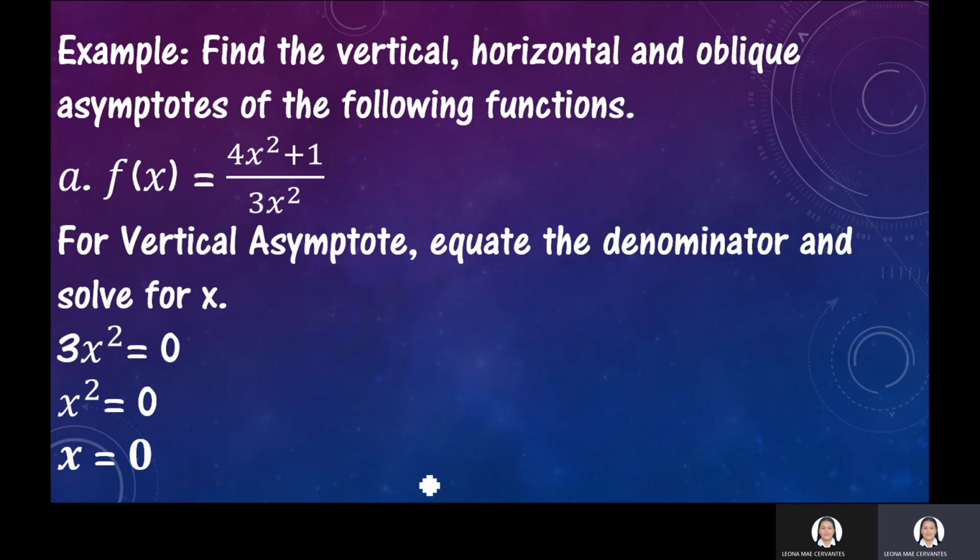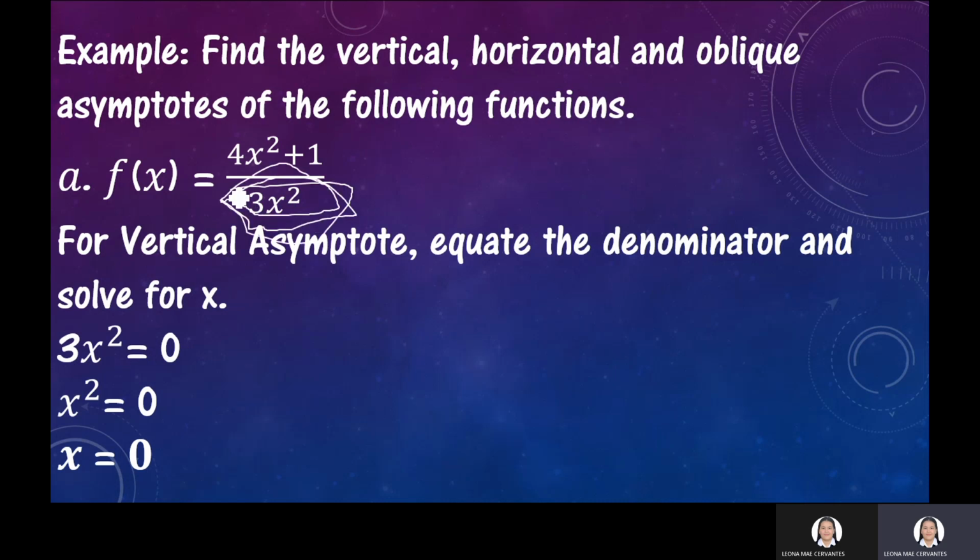So, example, find the vertical, horizontal, and oblique asymptotes of the following functions. Given f of x is equal to 4x squared plus 1 over 3x squared. For the vertical asymptote, equate the denominator and solve for x. So, the denominator is 3x squared.